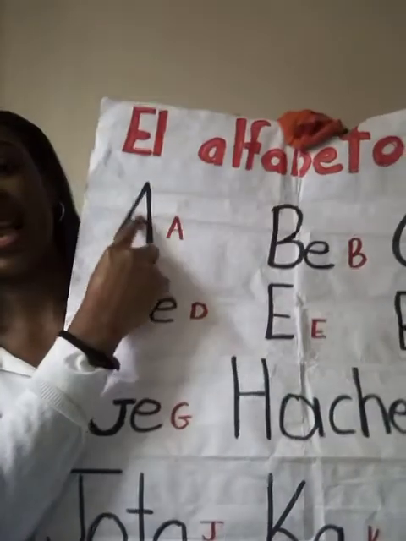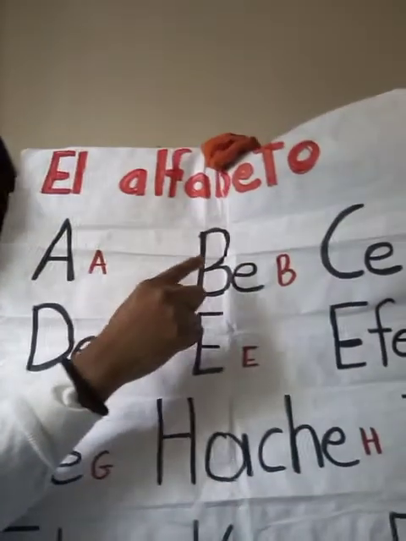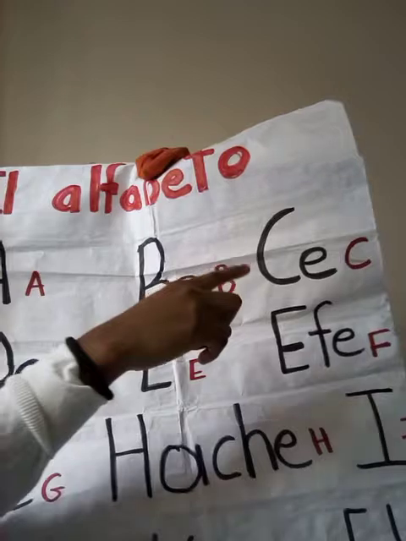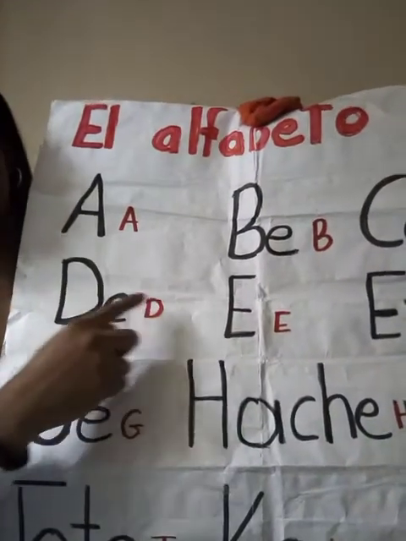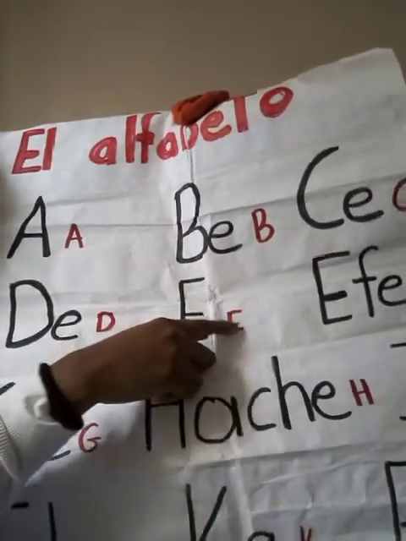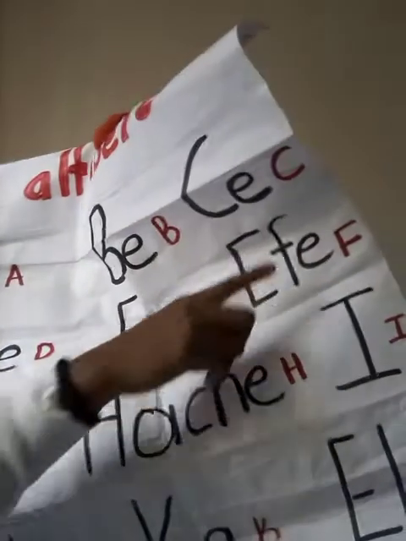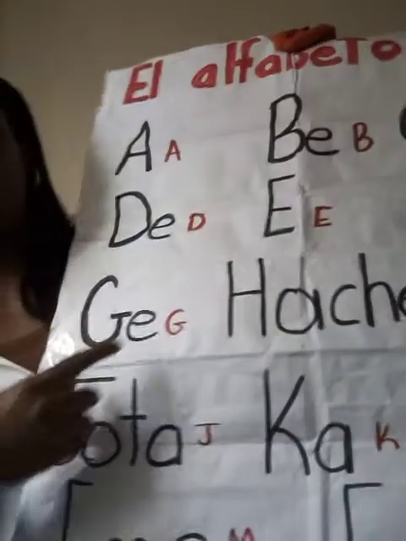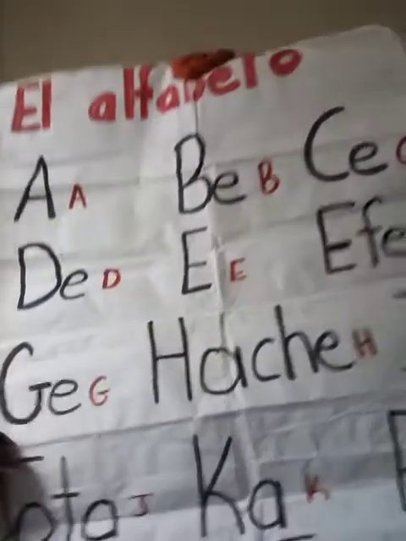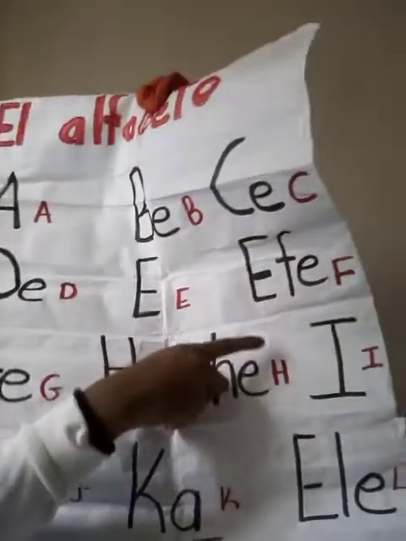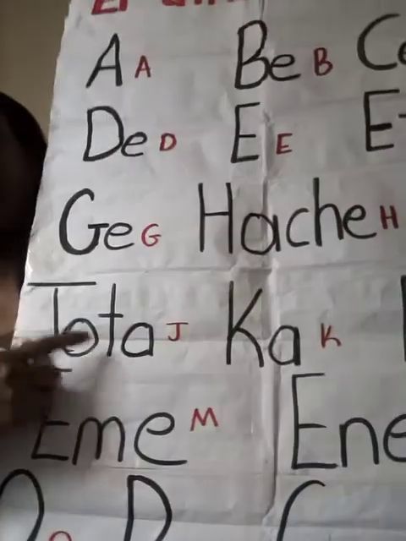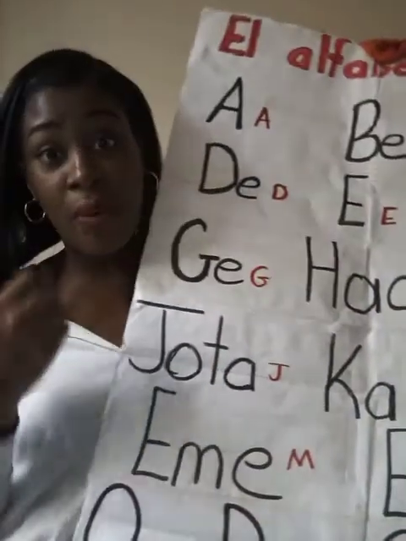A is A, B is B, C is C, D is D, E is E, F is F, G is G, H is H, I is E, J is J, remember that one?